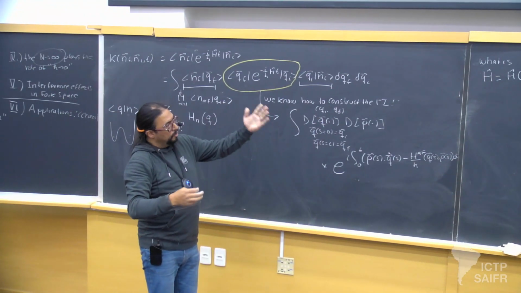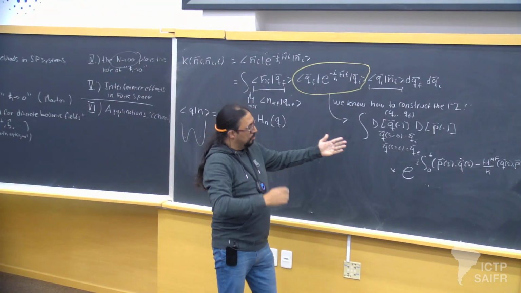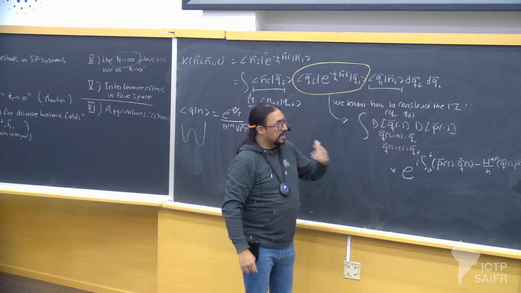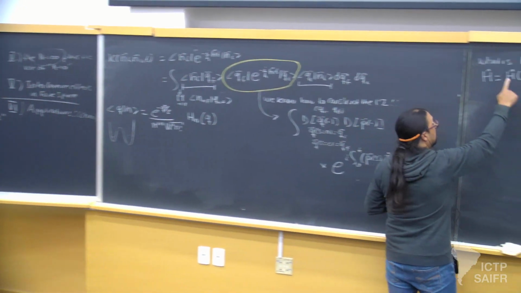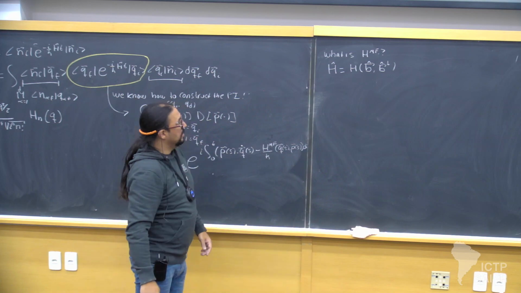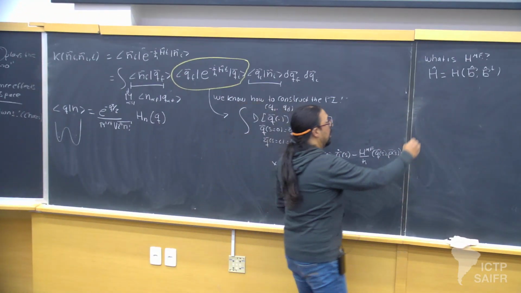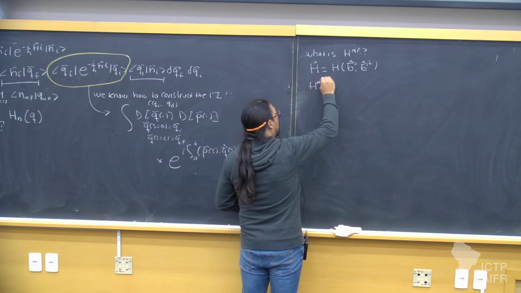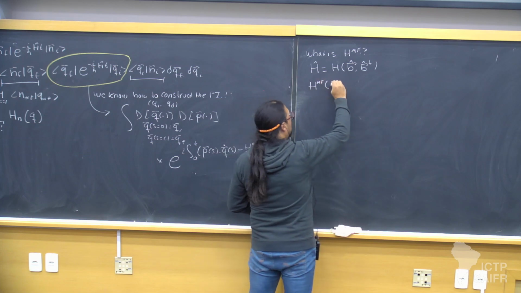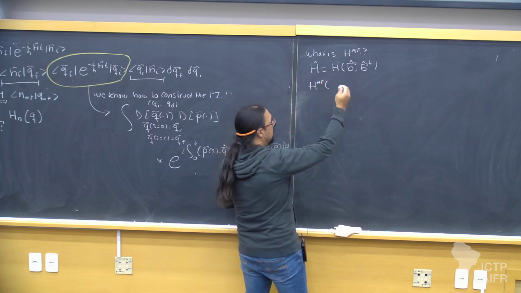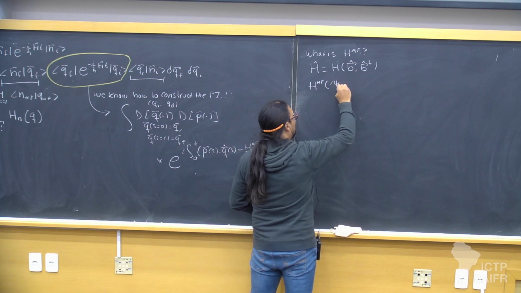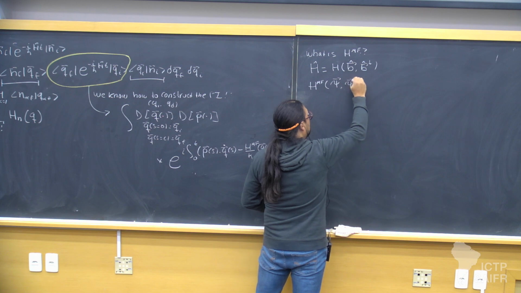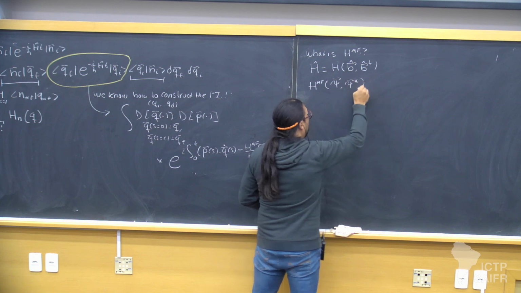I can go from B and B dagger to Q and P. Now, how do I get the mean field Hamiltonian? I will write it as a function of something that I will call fields, psi alphas, psi's and psi's conjugated.